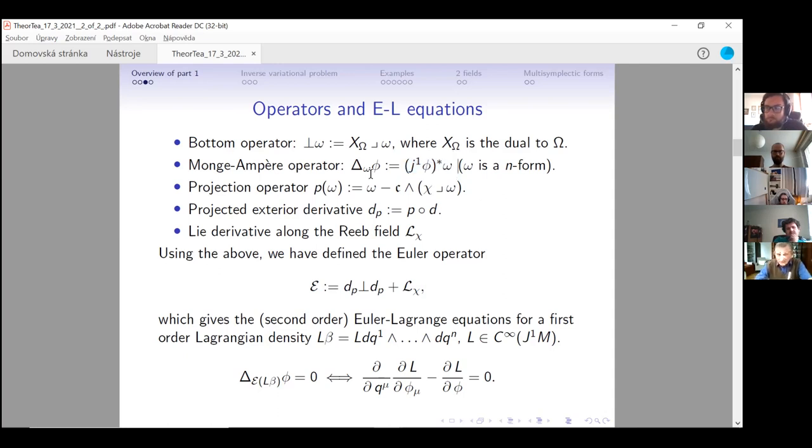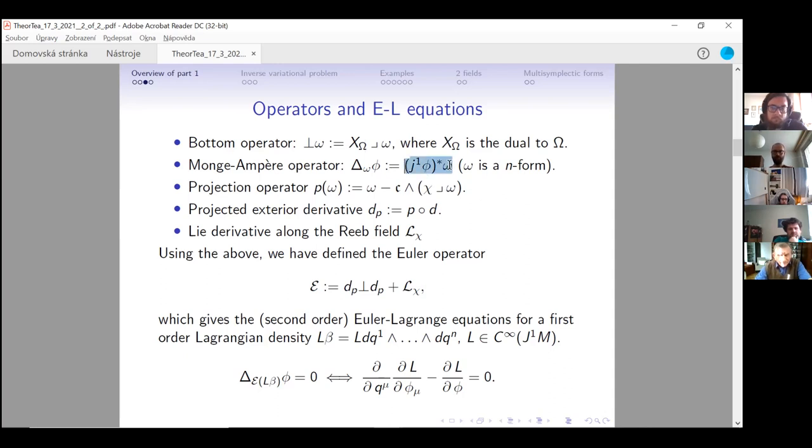This omega is an n-form on J1M, and there are many n-forms on J1M because if M is n-dimensional, J1M is 2n plus 1 dimensional. So there are plenty of such forms. But once we pull it back down on M, everybody knows that the space of top forms is only one-dimensional.